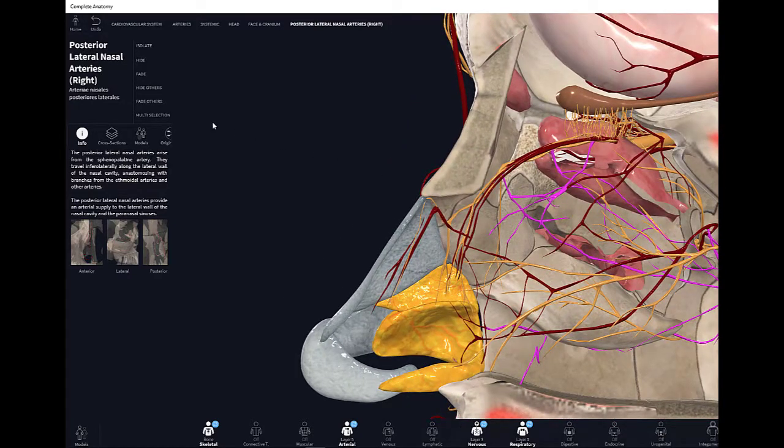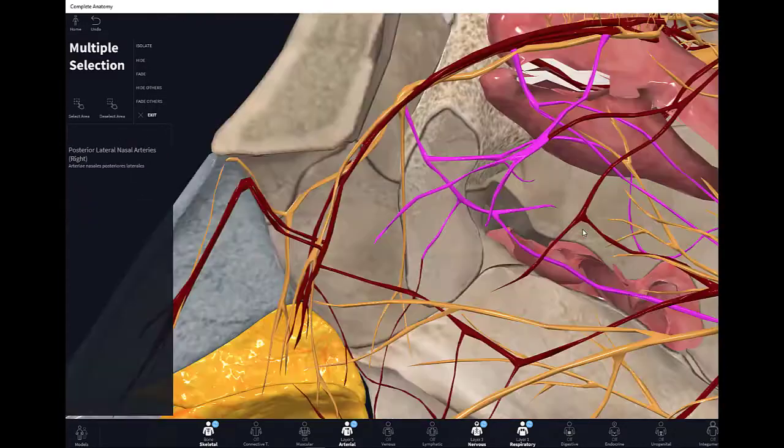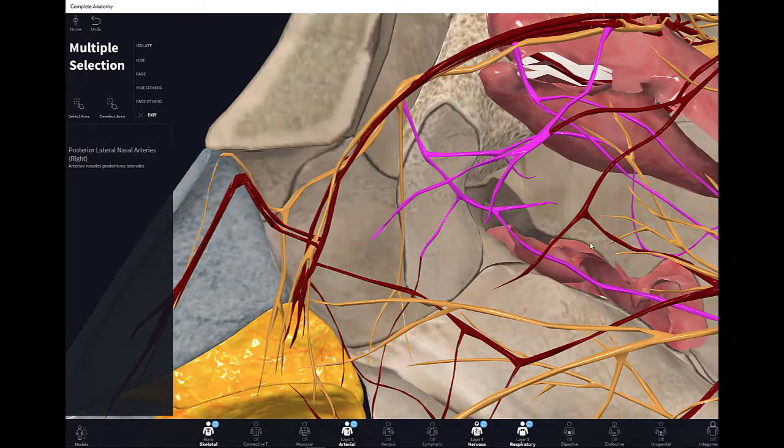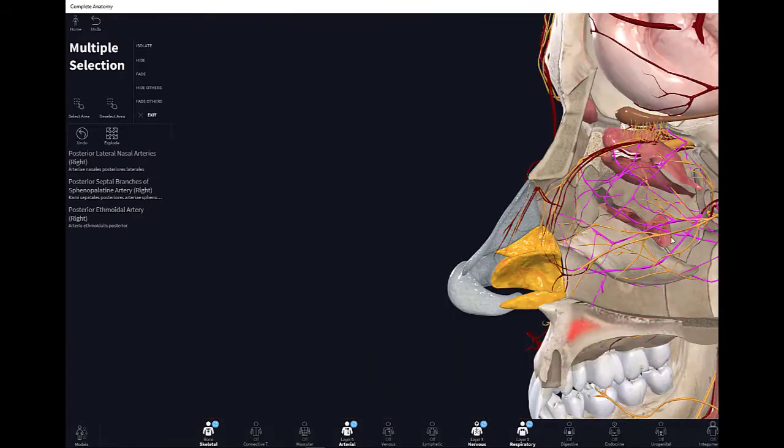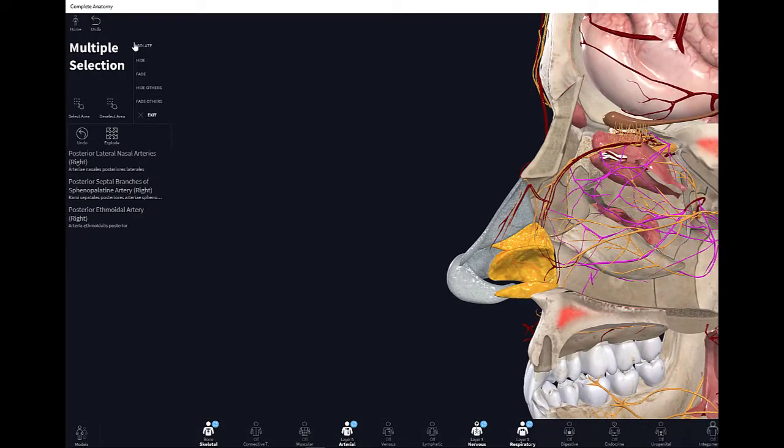So the arterial network that we see is quite important, because I'm sure that you have heard of people who have frequent and, at times, concerningly heavy nosebleeds, right? Well, this is a very vascular area, isn't it?